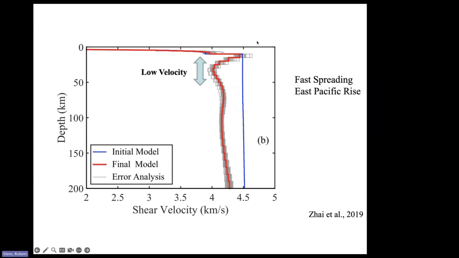And what you can see is right below the crust, the shear wave velocity is like 4.5 kilometers per second. And then as you go down to about 40 kilometers depth, it is on the order of 4. It's a significant decrease in velocity. That's the low velocity zone there. That's the asthenosphere in this part of the world.